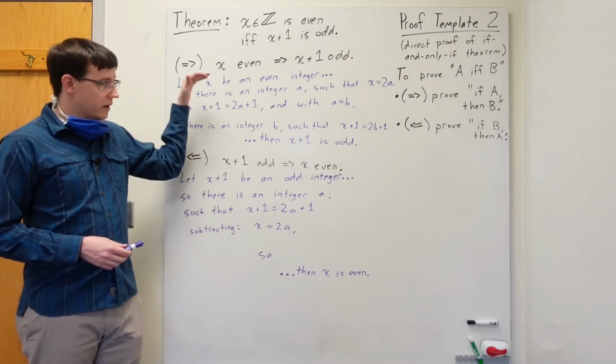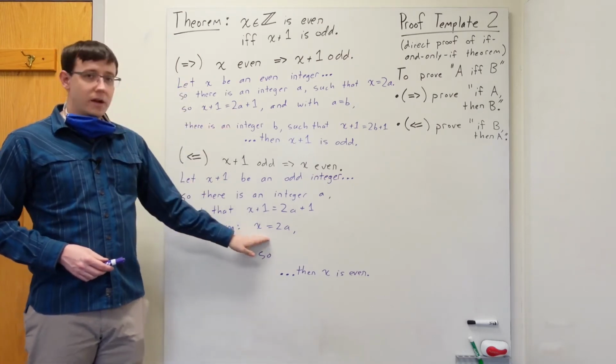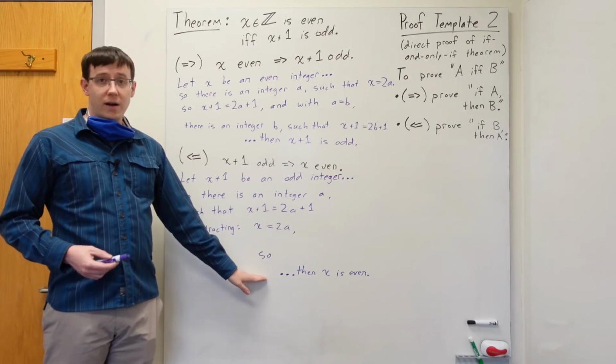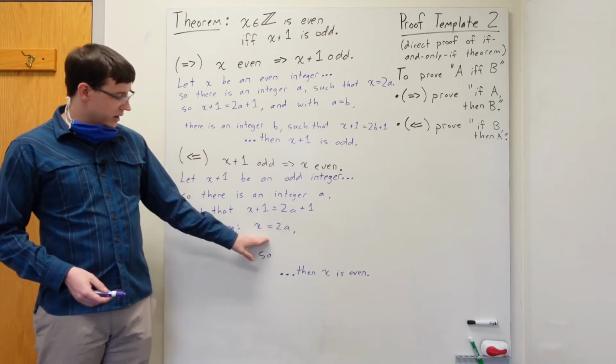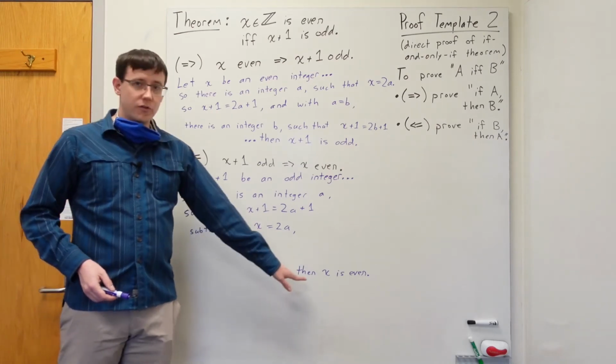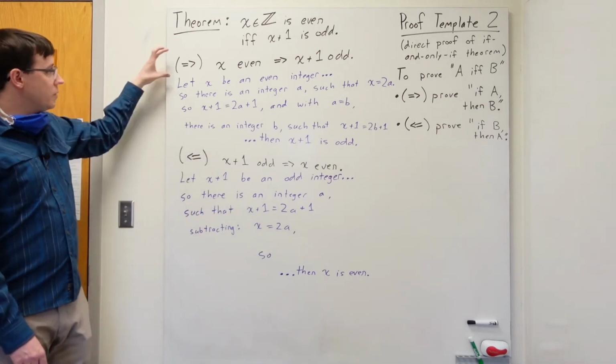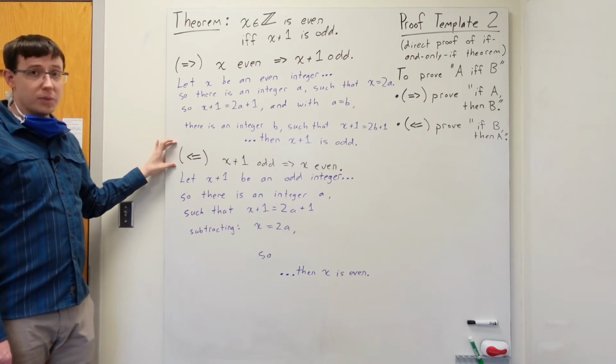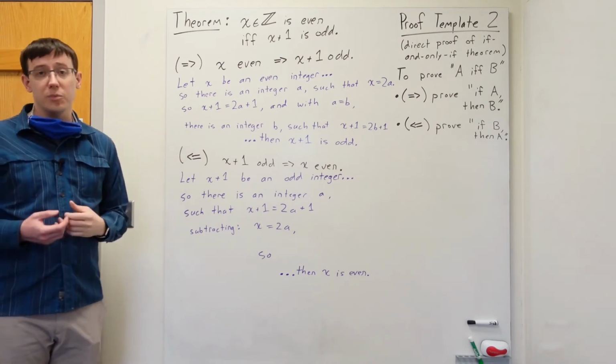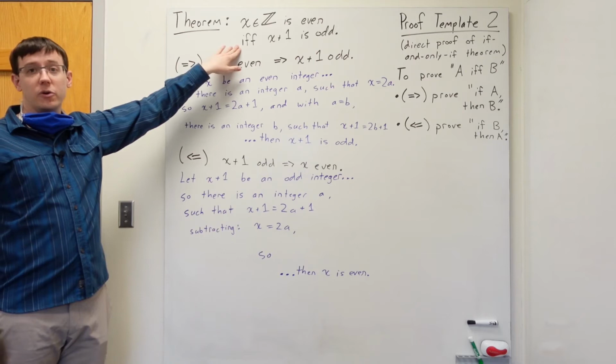And here, since we already see where we're going, we notice that we don't even need to unravel the conclusion, and just getting to x equals 2a shows that x must be even. So now that we have proven both the forward and reverse implications, we have completed our proof of the if and only if statement.